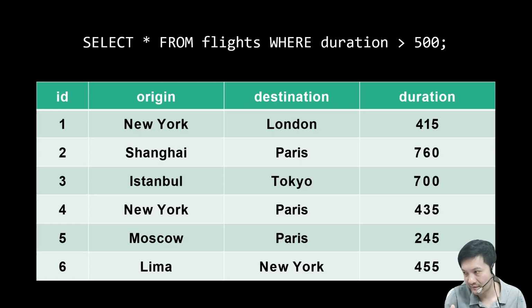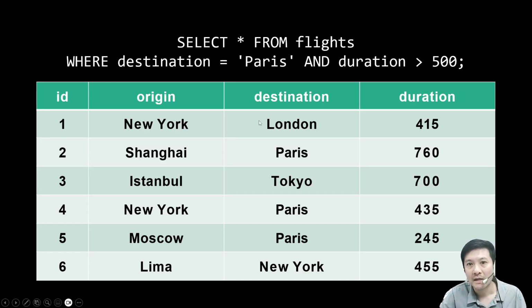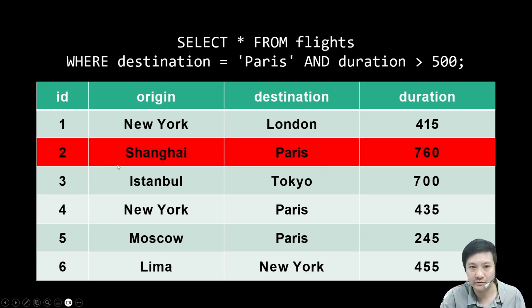You learn a lot of these operators, and rows that meet the condition will be filled out. And also you can have the and, or, not logic. You have some Boolean algebra here, so with AND you get only rows that fulfill two conditions: Paris as destination, and duration more than 500.